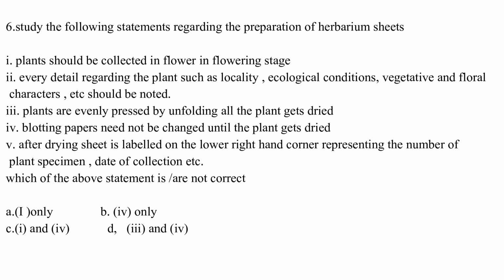III. Plants are evenly pressed by unfolding. IV. All the plant are get dried. V. Blotting papers need not be changed until the plant gets dried. VI. After drying, sheet is labeled on the lower right hand corner representing the number of plant specimen, date of collection, etc.